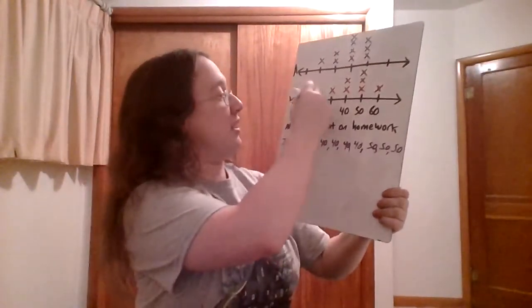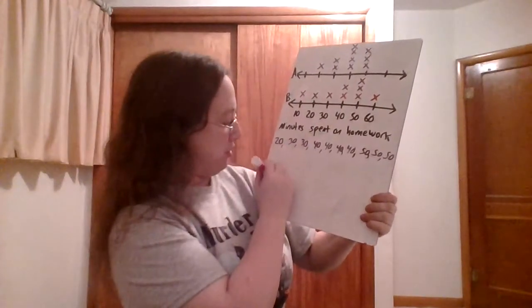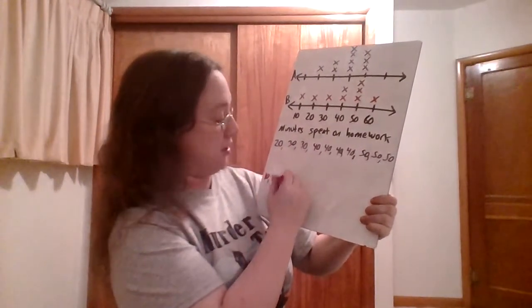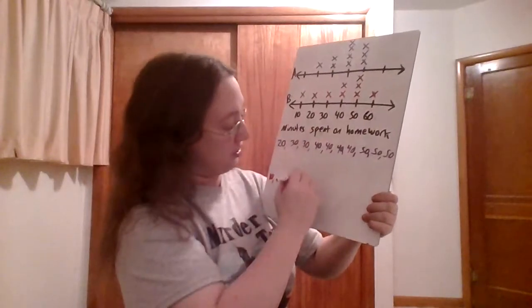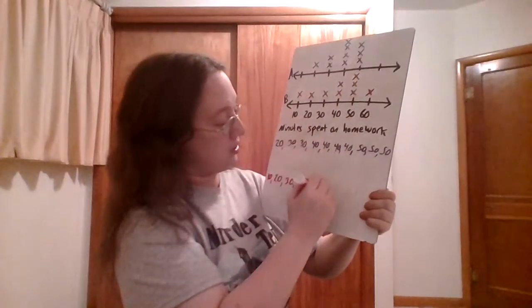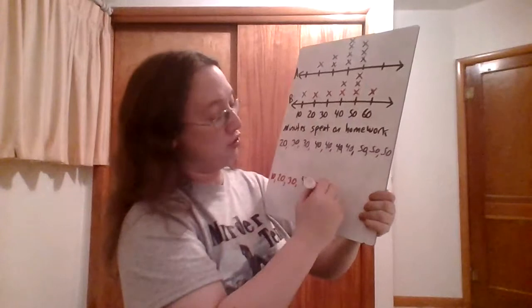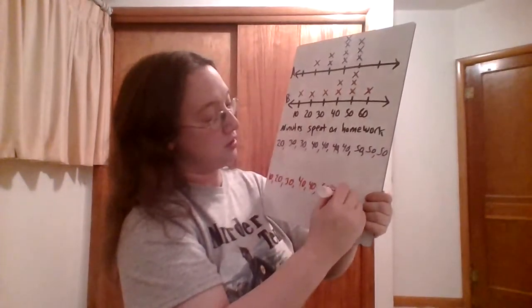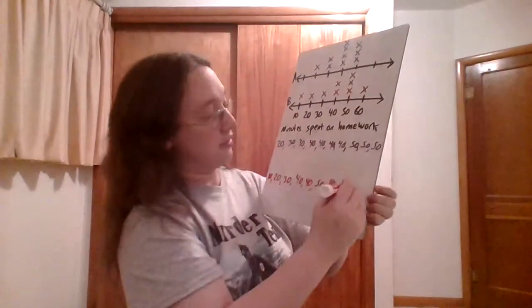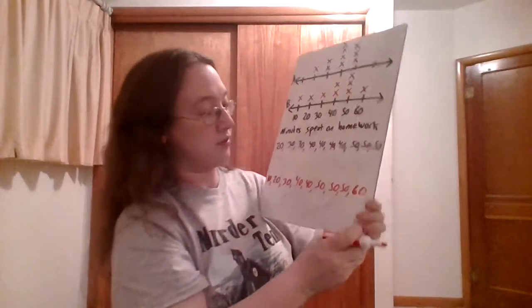Okay, and then our red numbers, we've got a 10, a 20, a 30, 2 40s, 3 50s, and then a 60. Okay.